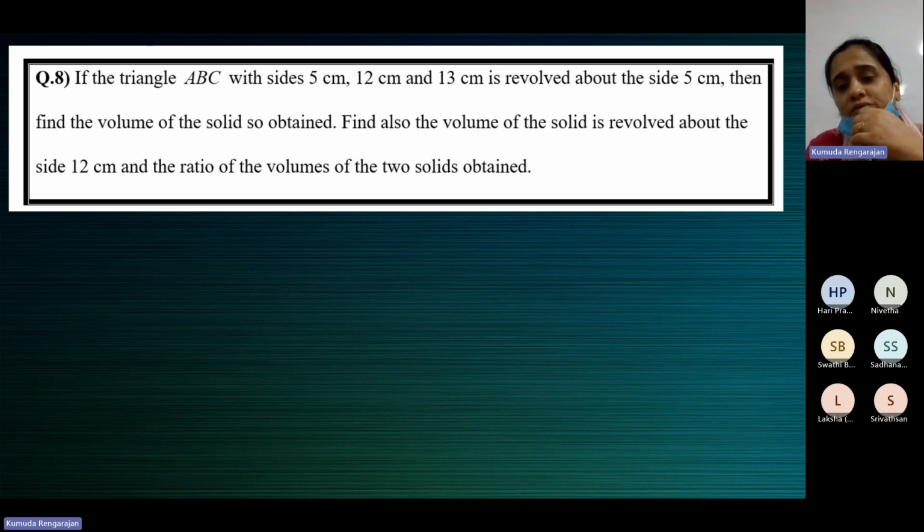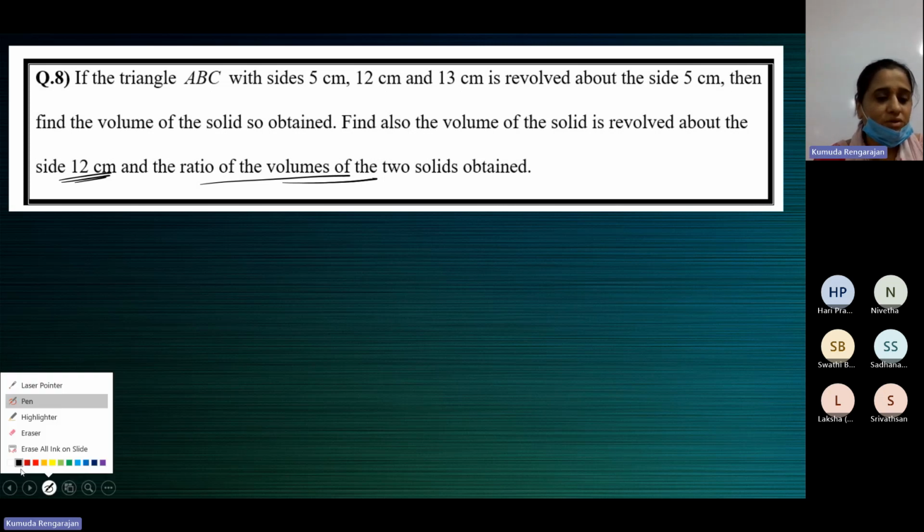Find also the volume of the solid revolved about the side. Okay, I've made some mistake in typing there. You should also find the volume of the solid if it is rotated about the side 12 centimeters. And you should also find the ratio of the volumes of the two solids. Okay, let me explain the question.